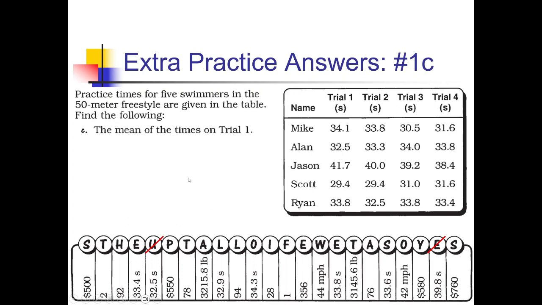Next up, now we want the mean of the times on trial 1. So this is a little different. Instead of averaging all the times for one swimmer, we're averaging all the trial times for all 5 swimmers. So we've got 34.1, 32.5, 41.7, 29.4, and 33.9, all of that being added up. And since there's 5 of those times, we're going to divide by 5 this time around.